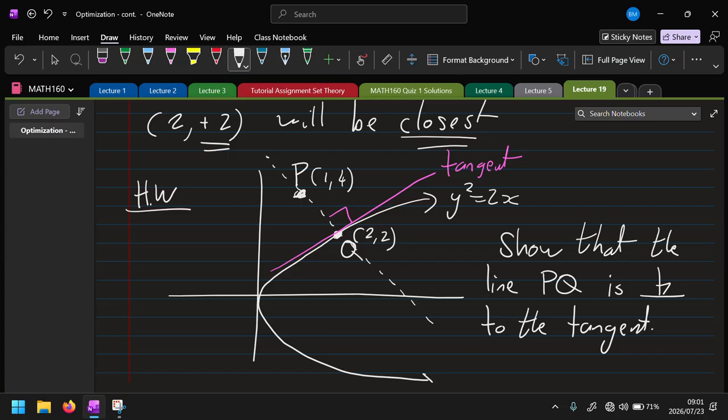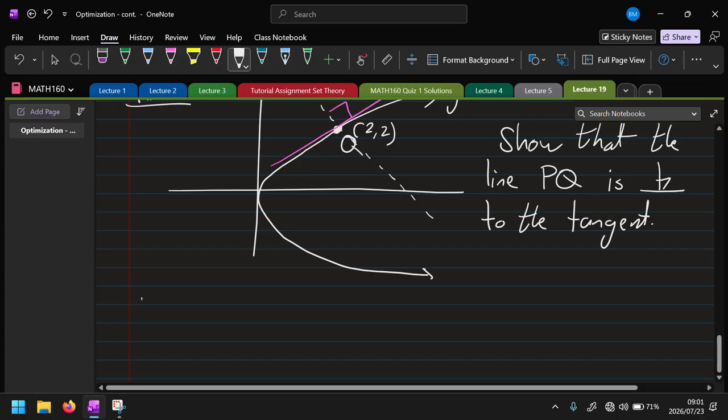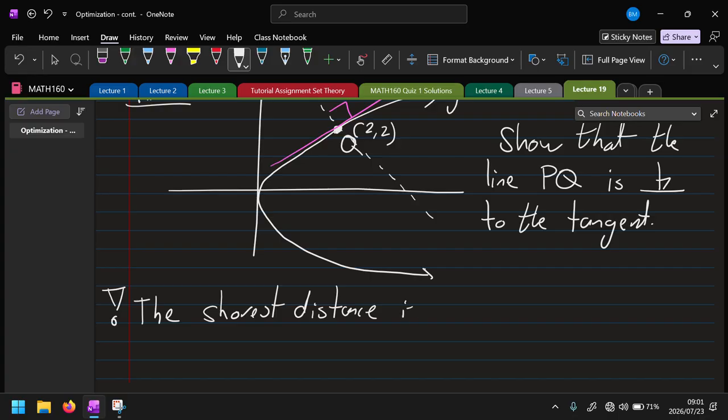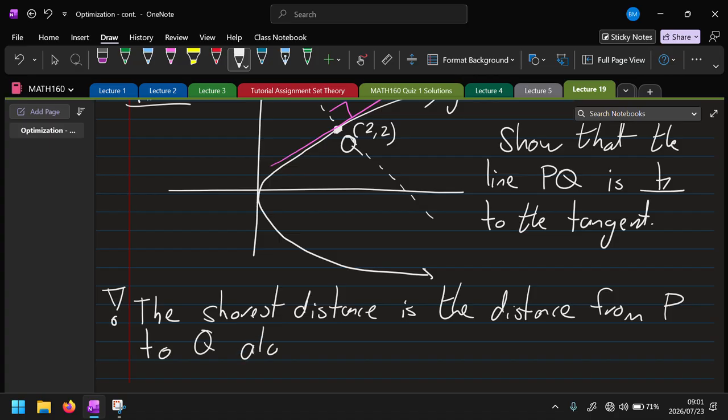And we know how to do that. So the shortest distance is the distance from P to Q along the normal.